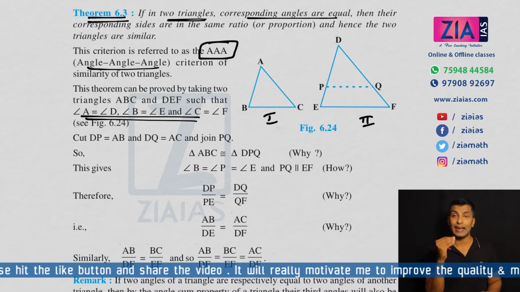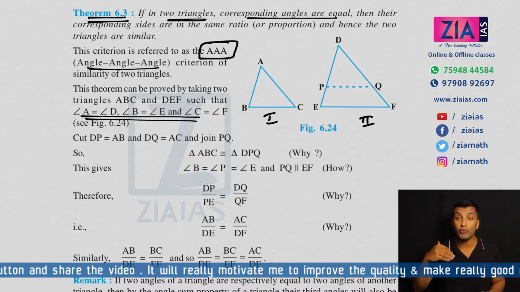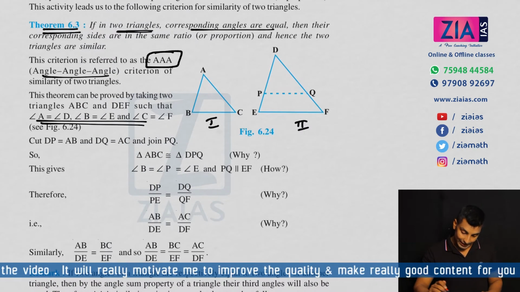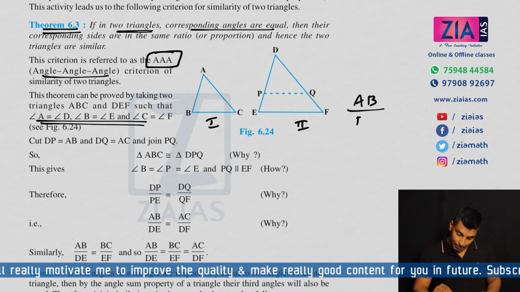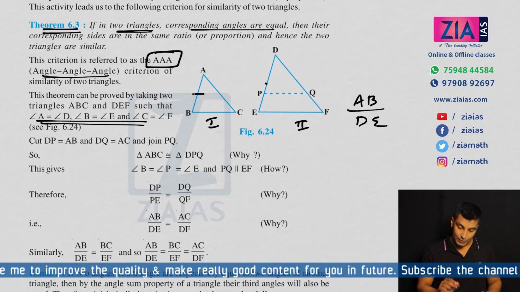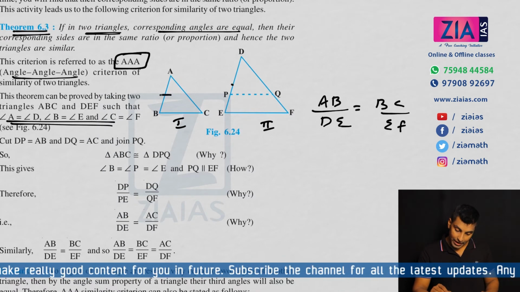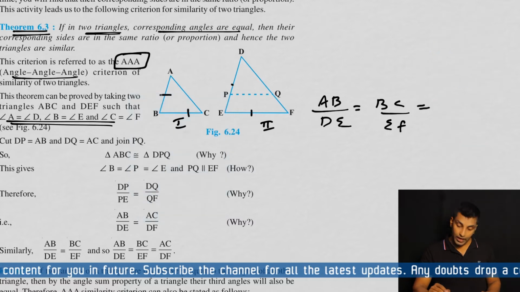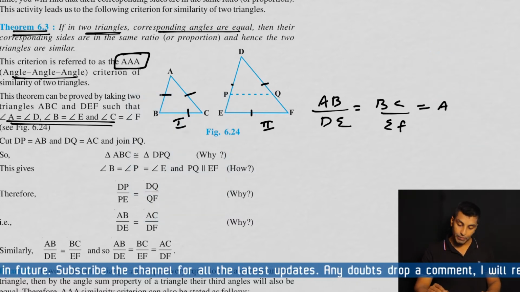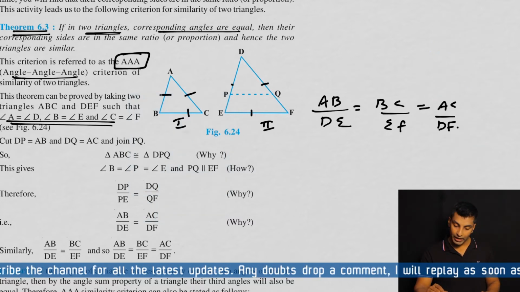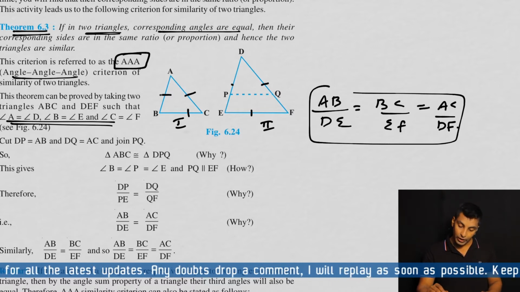That is, AB divided by DE equals BC divided by EF equals AC divided by DF. This is what we need to prove.